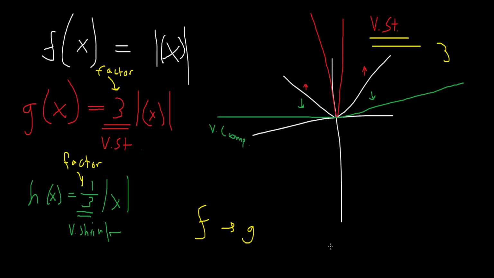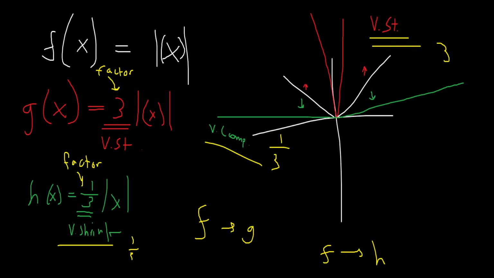And if I wanted to get from F to H, I would do a vertical compression or vertical shrink by a factor of 1/3. So I'm making it 1/3 as tall as it used to be. So that would be how we describe that in English. So it's a stretch and compress using the vertical. So we're just pulling it up or pushing it down. So that would be the way that goes.